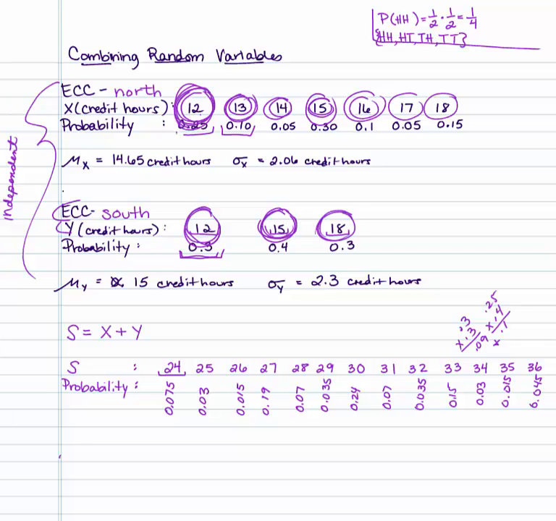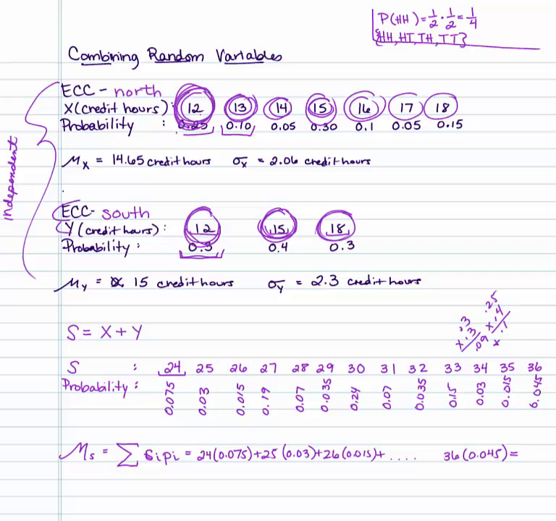Okay, let's see if we can calculate the mean of S. And remember, that would be the sum of the, well, we're going to call it S and P. So I would need 24 times 0.075 plus 25 times, plus 26 times, all the way until we get 36 times.